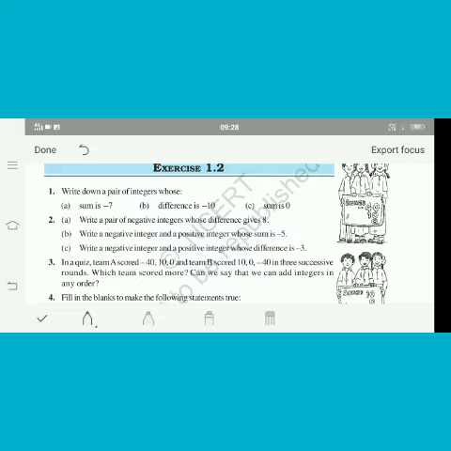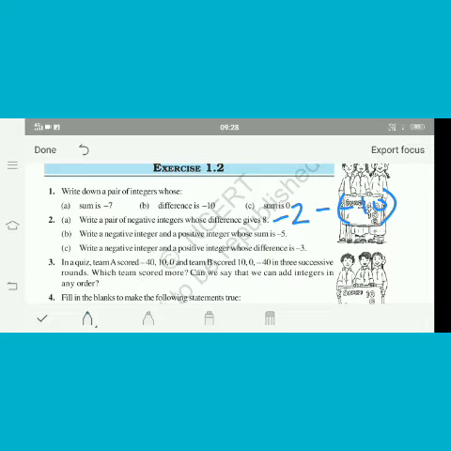So we have to find out the difference also, and here it's given that we have to take negative numbers, not positive numbers. So I am taking minus 2 and minus 10.